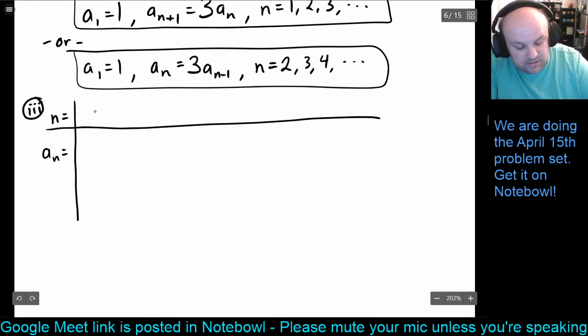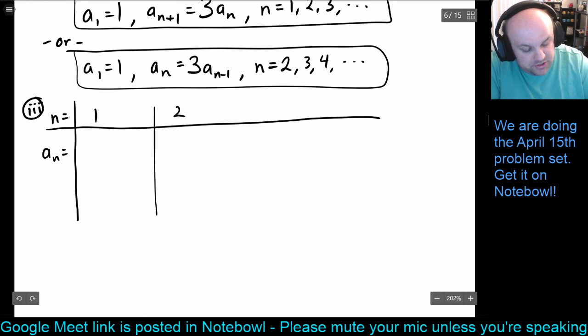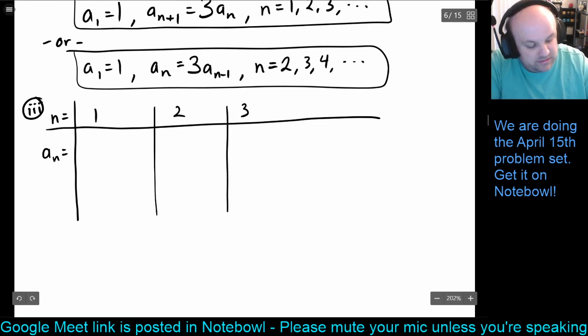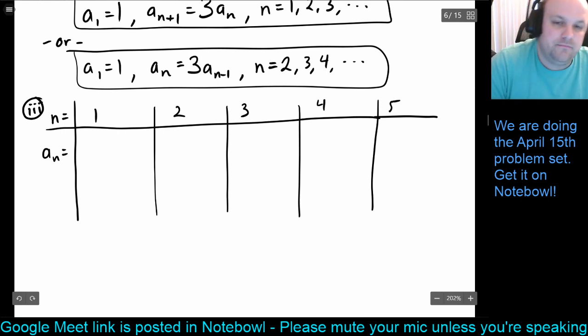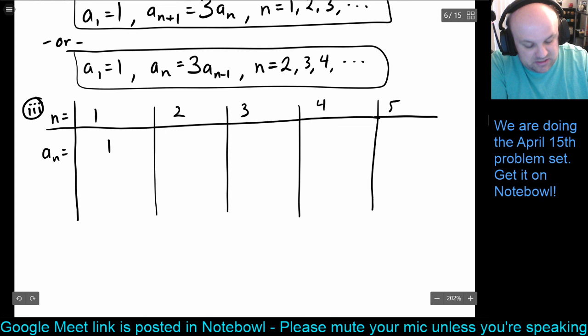Here, n equals 1, 2. I like to make pretty wide columns for this so I can have some room to work down here. We'll do 5 of them. That should be enough. And then I'm going to write down the terms of my sequence.